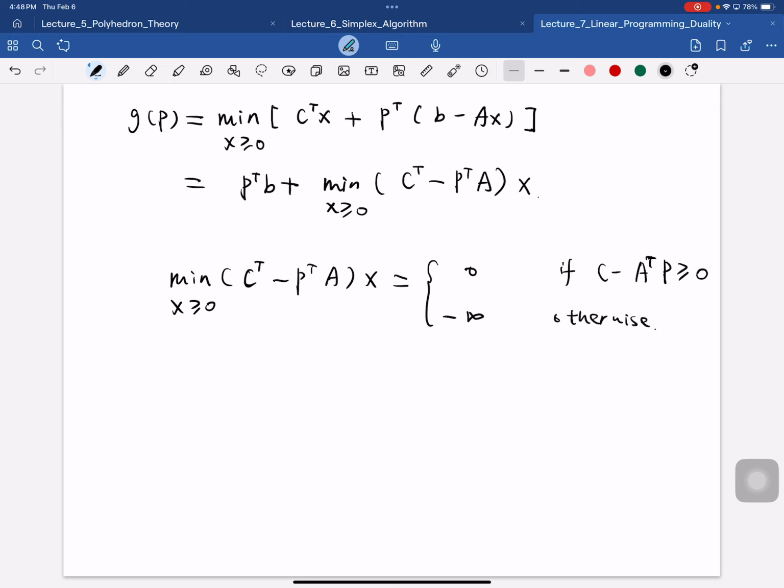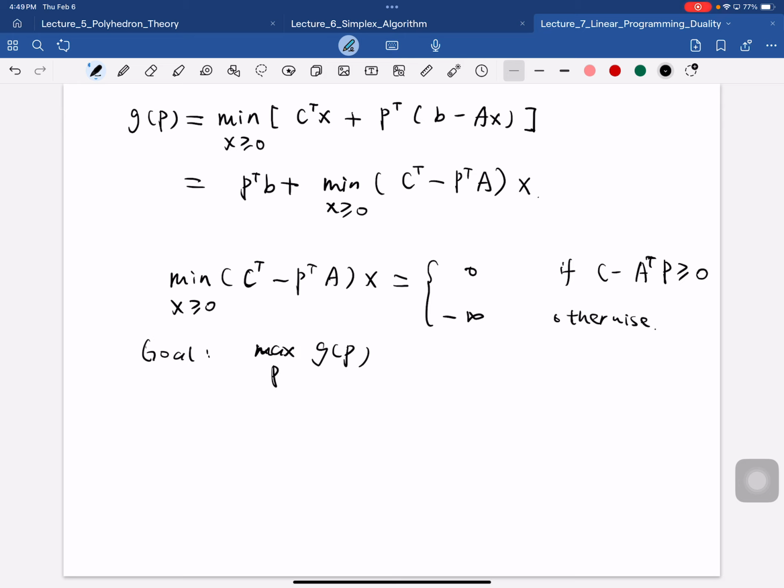Now remember, our goal is to find the value of p such that this G(p) provides a bound as tight as possible. So the goal is to maximize over G(p), such that you get a bound as tight as possible.